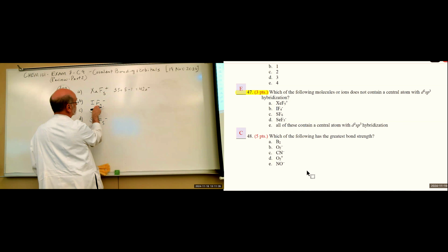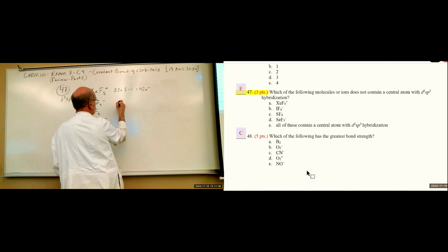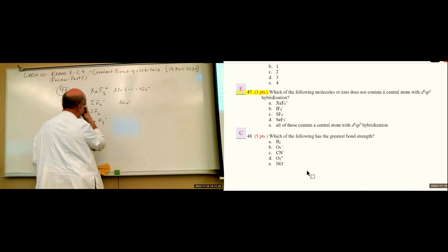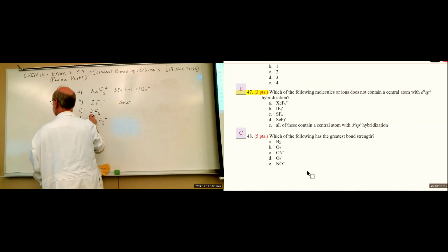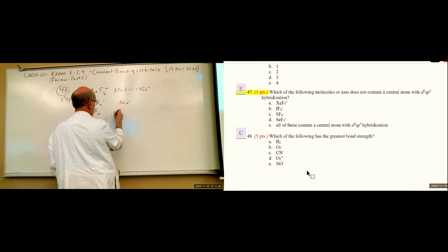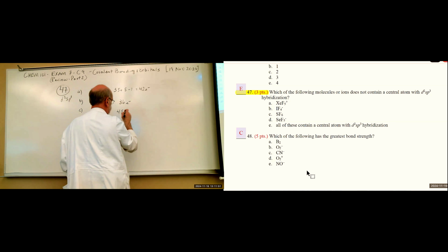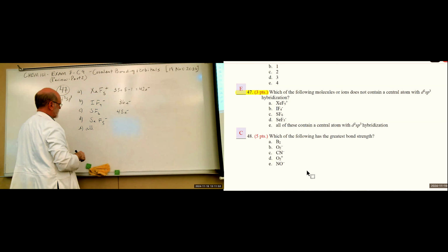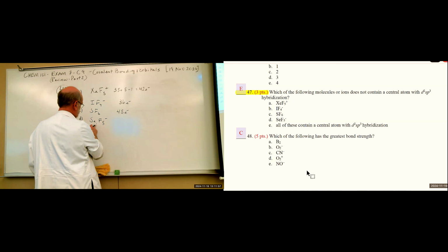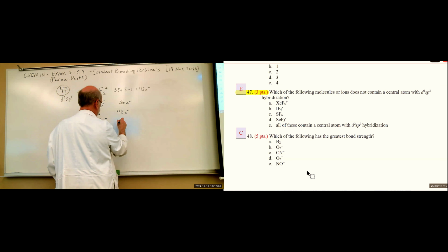Well, let's see. 5 times 7 is 35, 36. 36 electrons. Sulfur is 6 plus 42 is 48 electrons. And selenium is also 6. Well, this time it's 35. It's 41 plus 1 is 42.